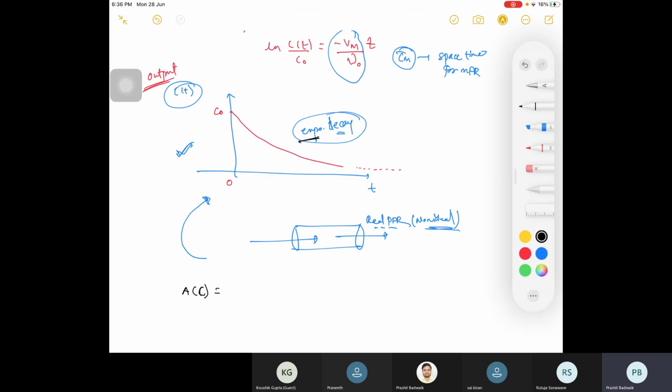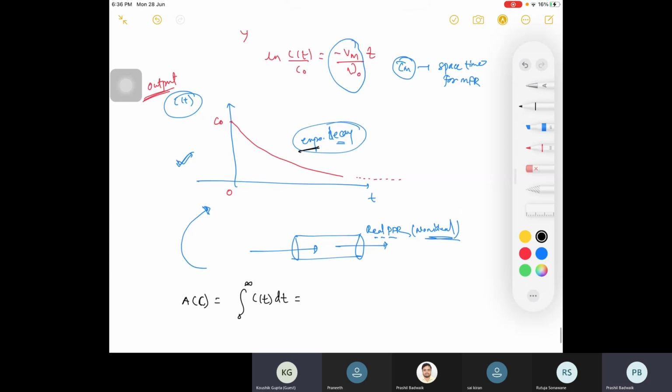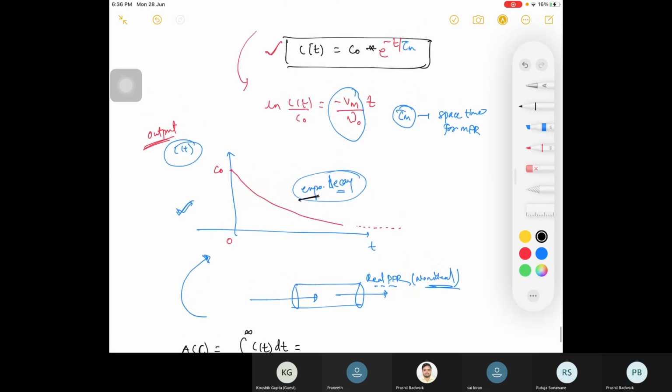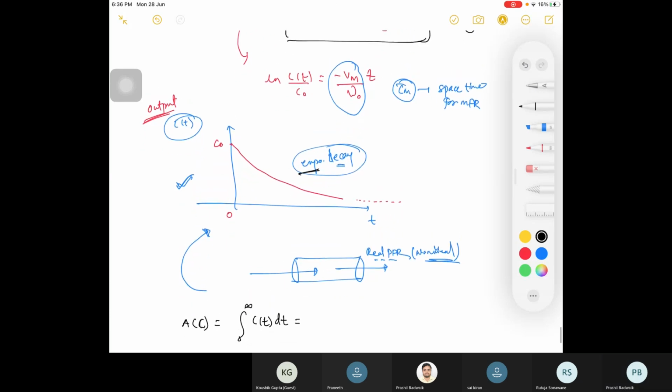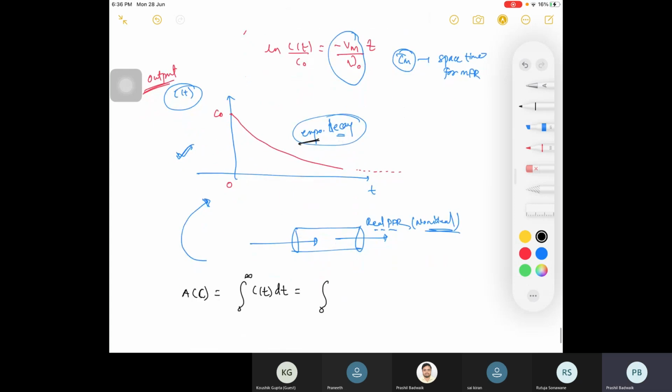So how can I calculate the area under the curve? It is the integral from 0 to infinity of C of t dt. Now you know what your C of t is, equation 1. You substitute here C naught e to the power minus t by tau m into dt.